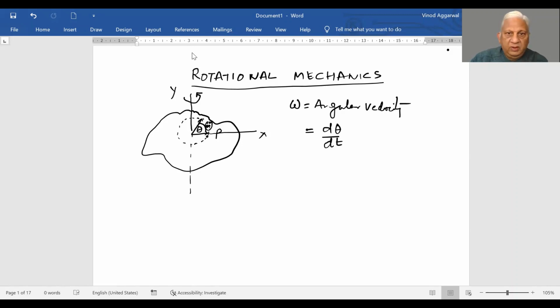Okay, so this is omega. Then we have, what is d omega by dt? This is nothing but angular acceleration.